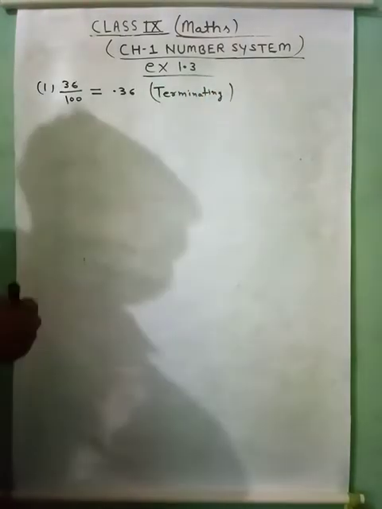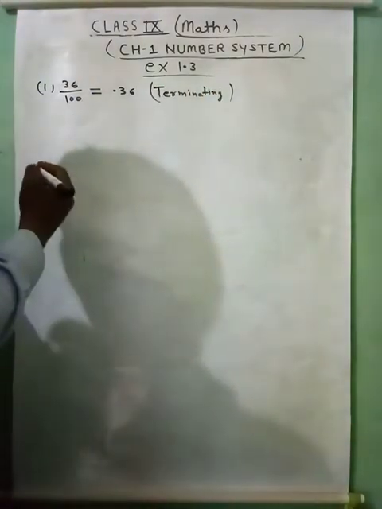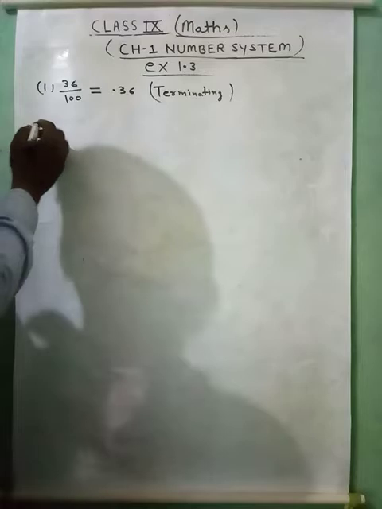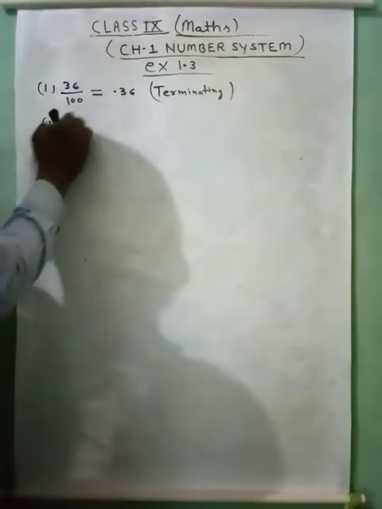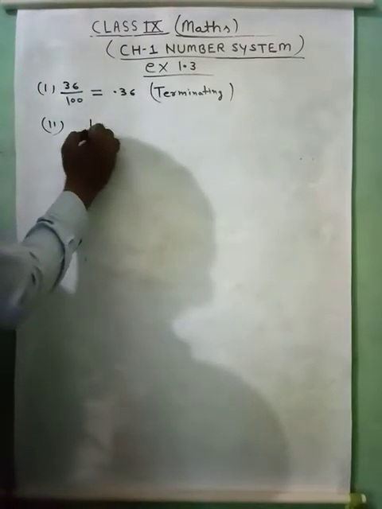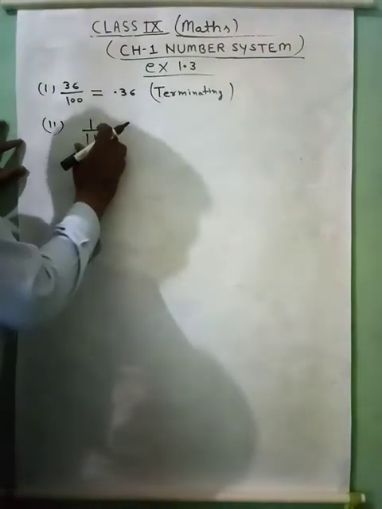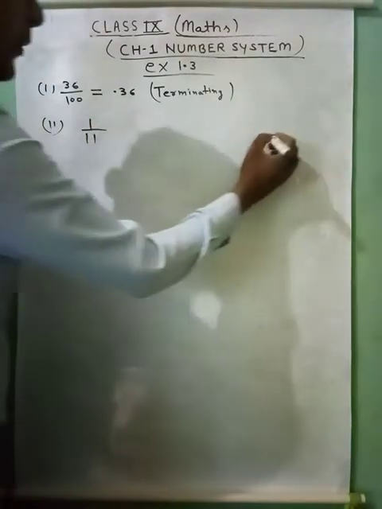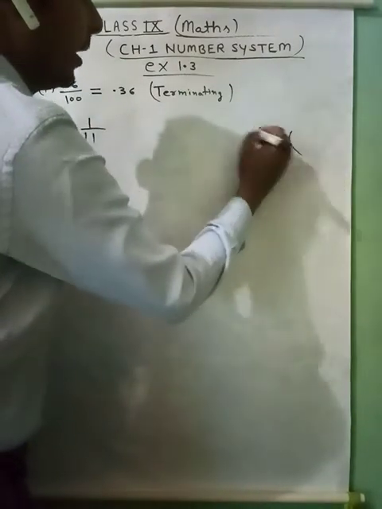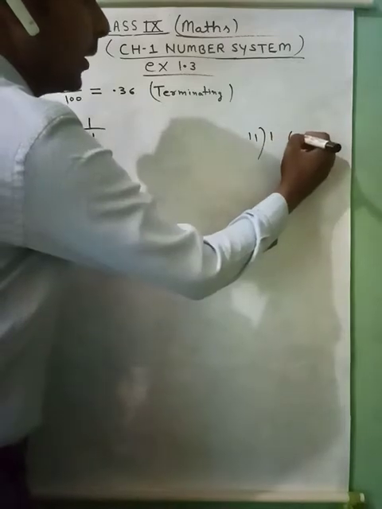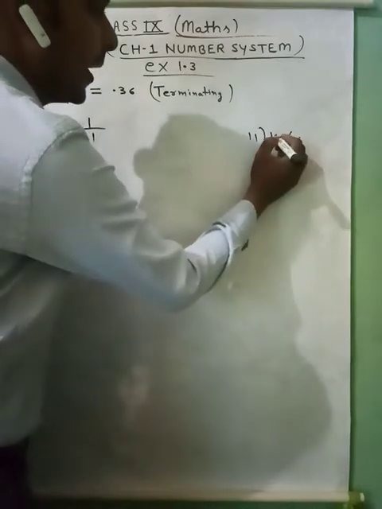Next we can take another example, like question number second, 1 by 11. It's asking which type of decimal expression it is. So first we will divide 1 by 11. So it is point, we can write here 0.